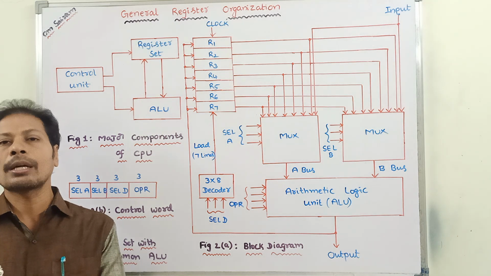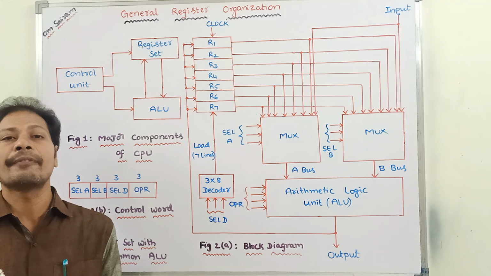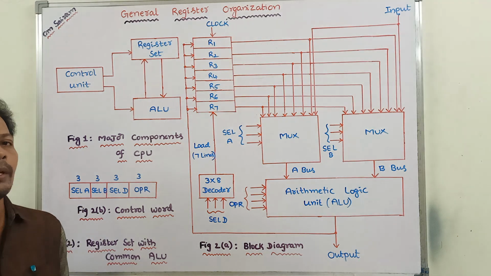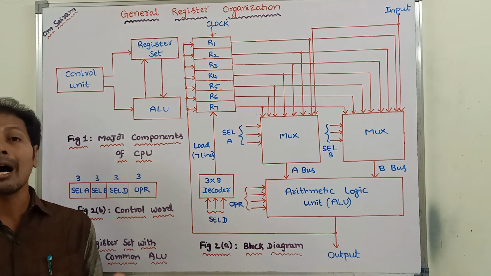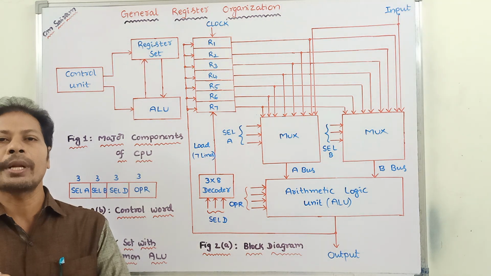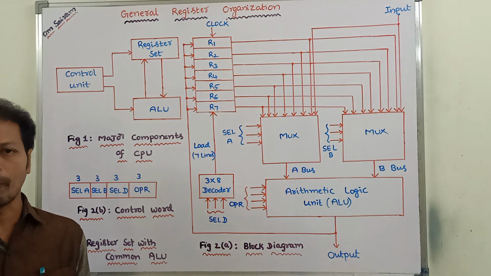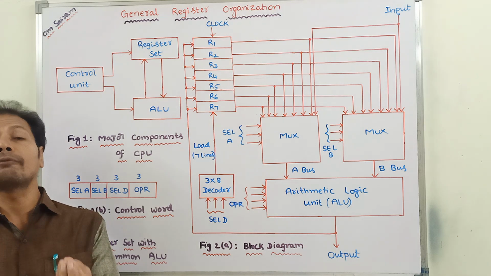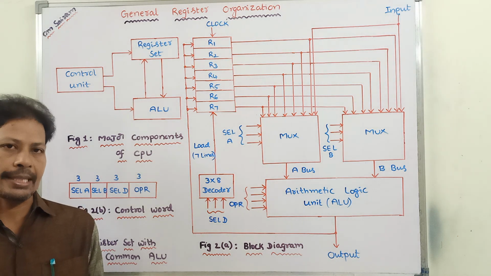By using that common bus system, the data can be transferred between the registers. So register accessing is a faster operation when compared to memory accessing.